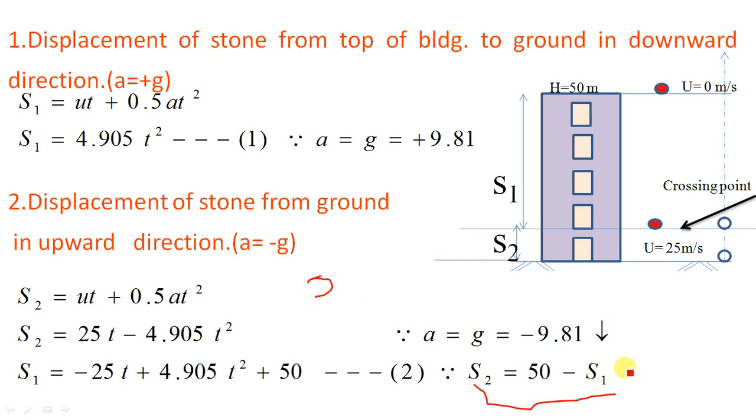I will take this s1 on this side, so it becomes plus, and this becomes minus. So s1 is equal to 50 minus s2.